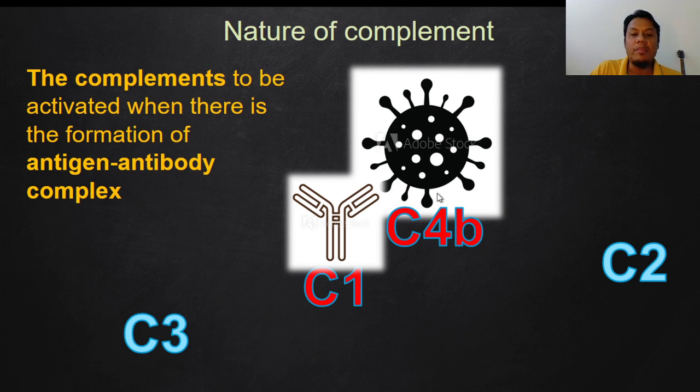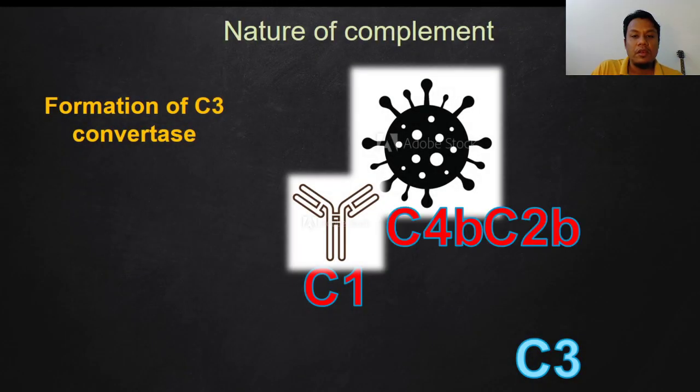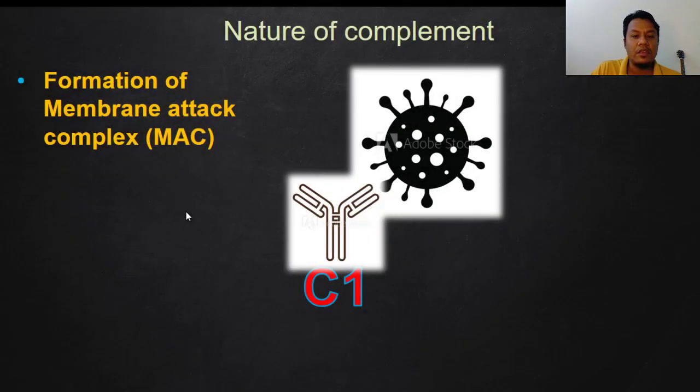C4b will bind to the surface of the microorganism or pathogen. Eventually this leads to the formation of C4b2b, also known as C3 convertase. And from C3 convertase, finally, in the lytic pathway, the pathogen will be lysed by the complement proteins through formation of the membrane attack complex, or MAC, also known as C5b-9.